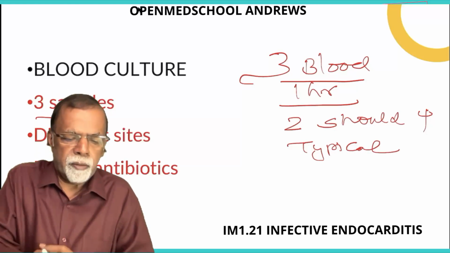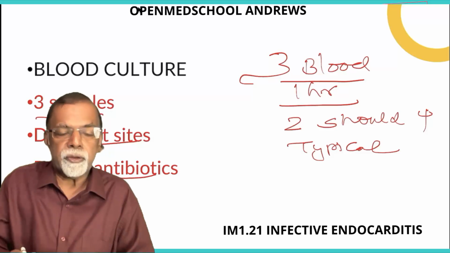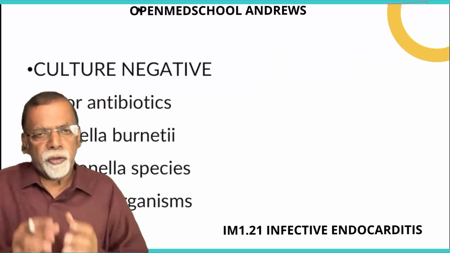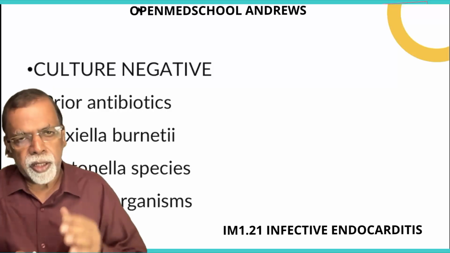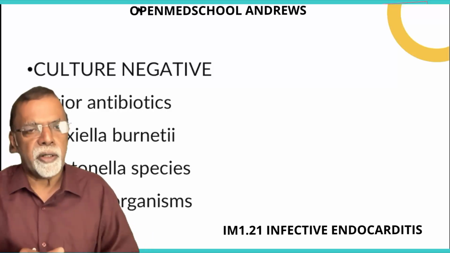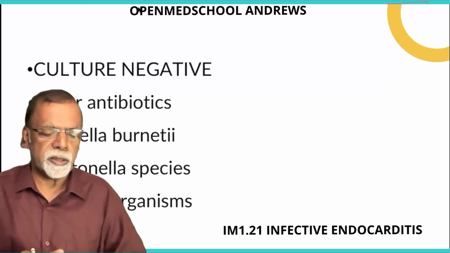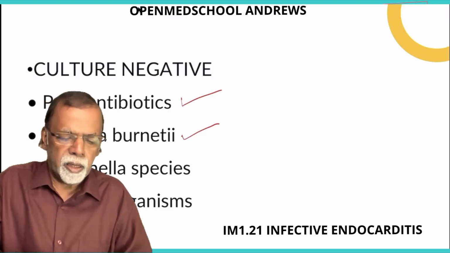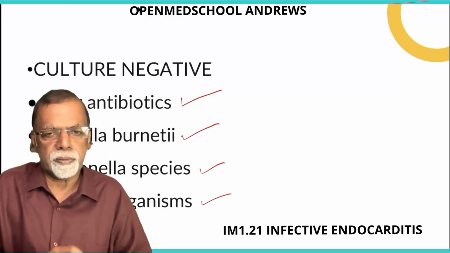So three samples from different sites should be taken, of course, before antibiotics. If you don't take the culture before antibiotics, you may get what is called culture negative endocarditis. The common causes are prior antibiotics, Coxiella burnetii, Bartonella species, and of course the HACEK organisms.